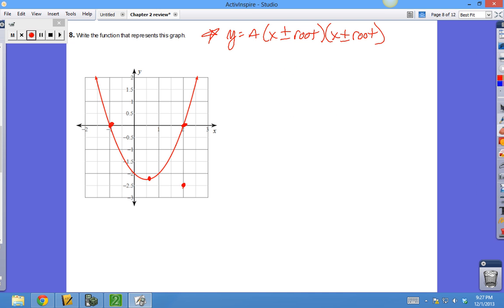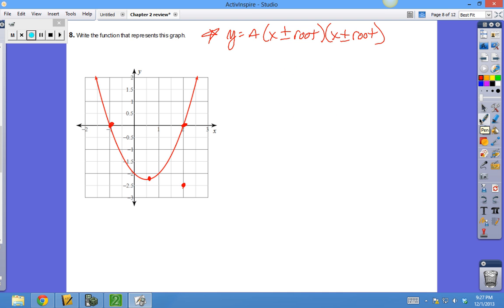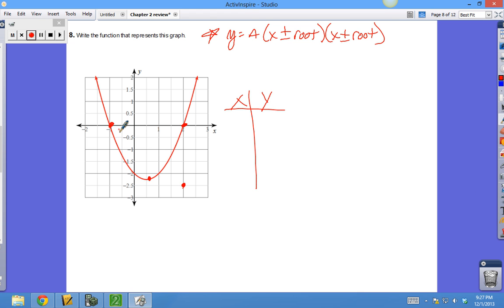So let's make your table. What are your roots? This is a -1 and 0, and this is a 2 and 0. Okay, so I'm going to start plugging stuff in. Y equals a, x, there we go.